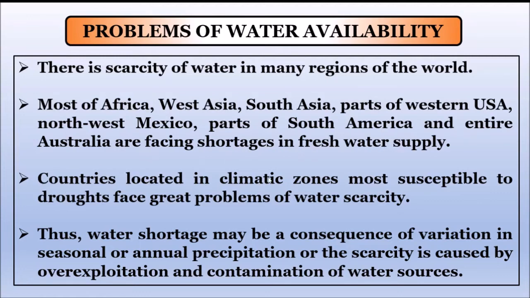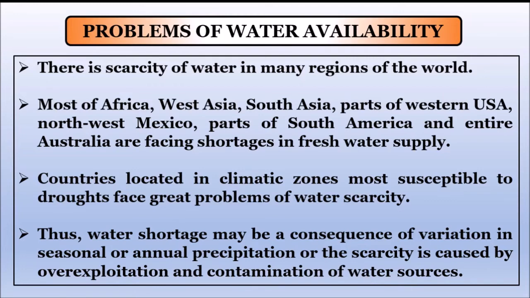Countries located in climatic zones most susceptible to droughts face great problems of water scarcity. Thus, water shortage may be a consequence of variation in seasonal or annual precipitation, or the scarcity is caused by overexploitation and contamination of water sources.